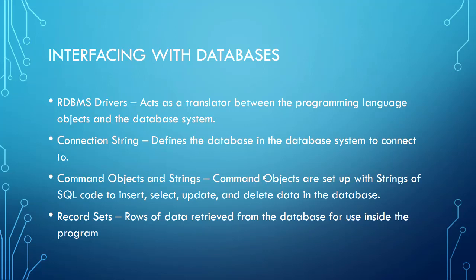Finally, when we retrieve or select data out of our database, generally we will be receiving several rows of data, sometimes even dozens, hundreds, or thousands of rows of data, and those are stored in data structures called record sets, which contain one record per row of data, and we can loop through that just like we would with any other data structure.